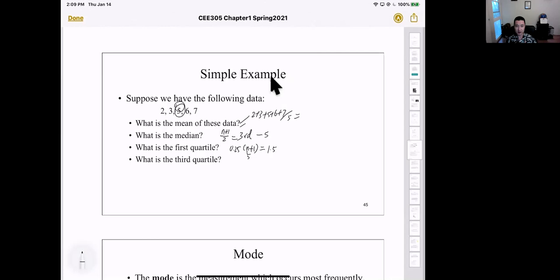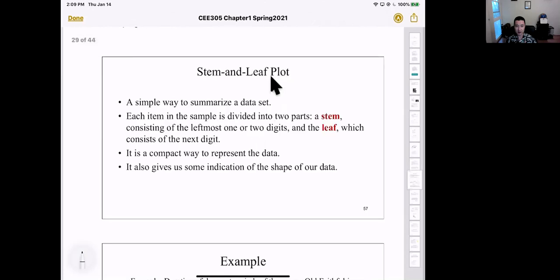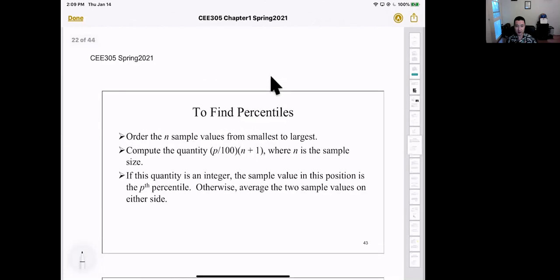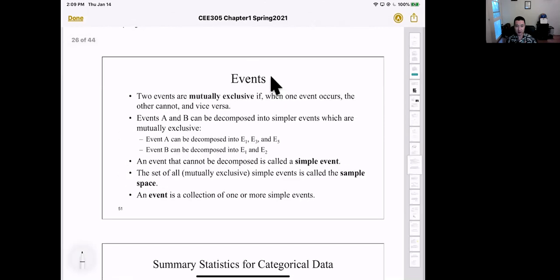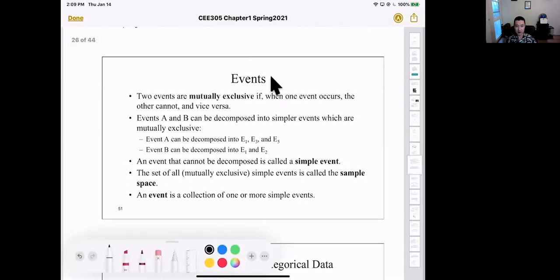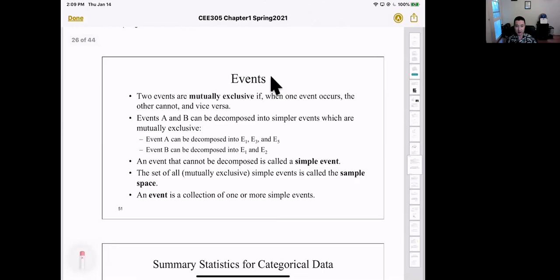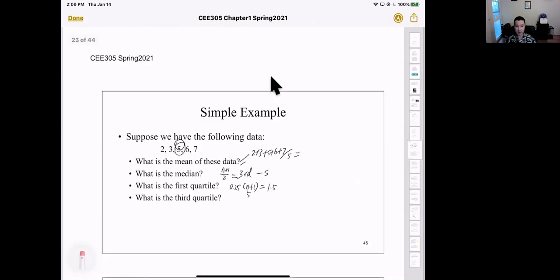It's not an integer, so we need to take the average of the first and the second.